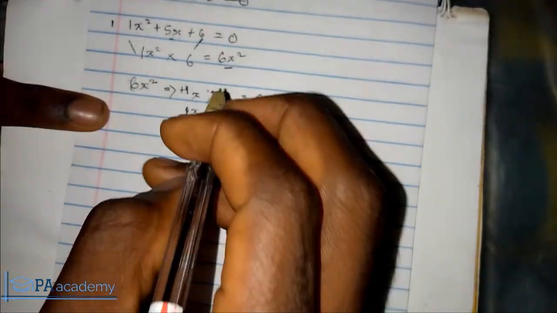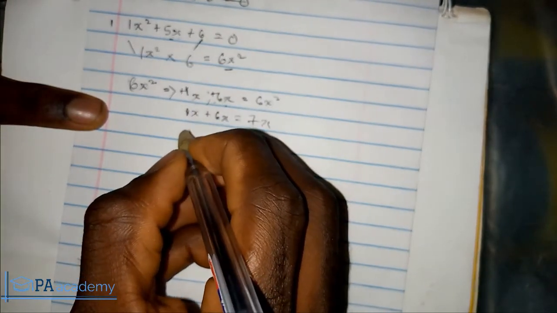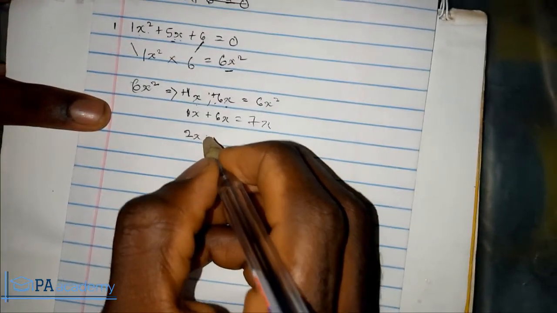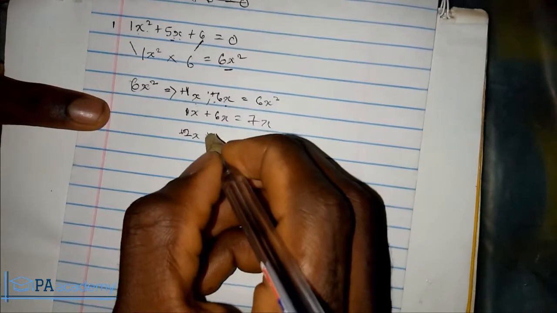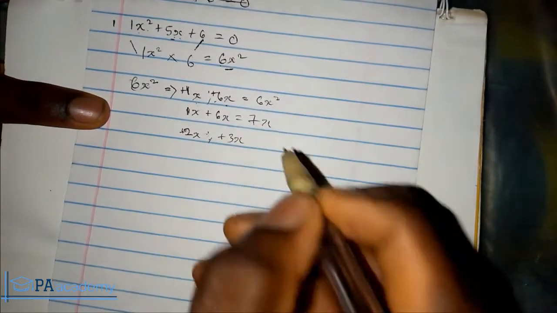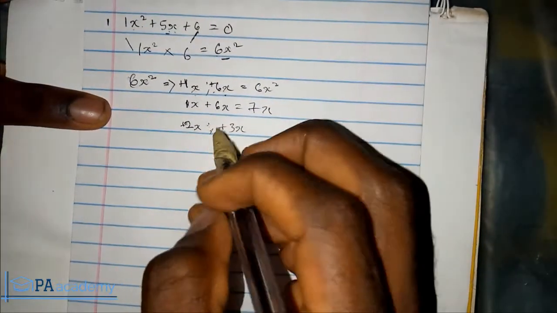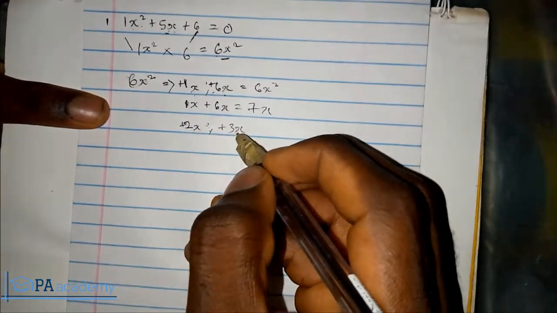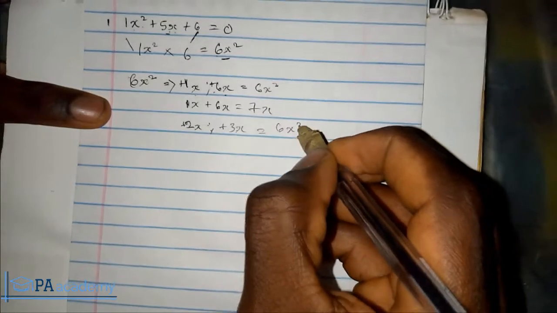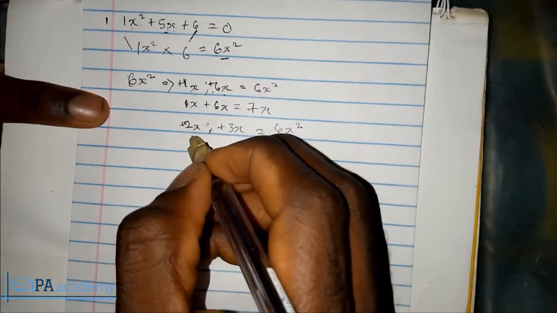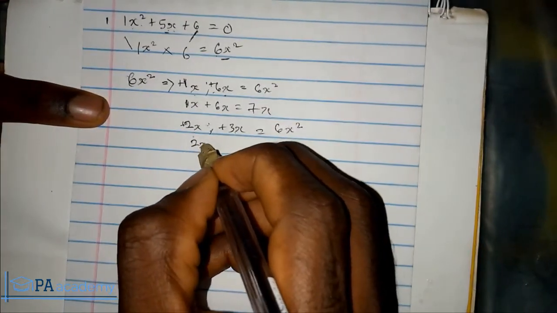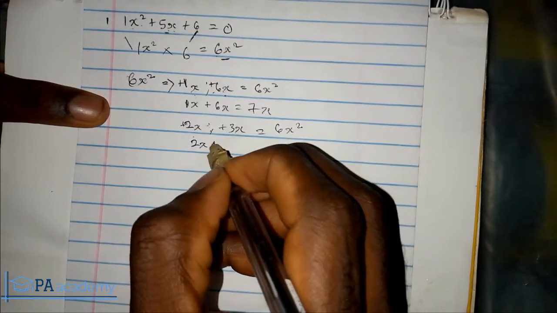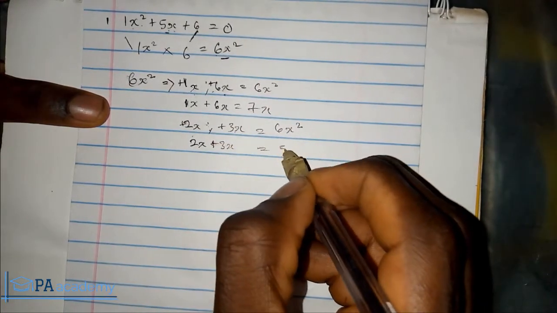But let's look at this. What if we use plus 2x and then plus 3x? Now 2x times 3x will give us 6x squared. And if we decide to add it, 2x plus 3x will give us 5x.